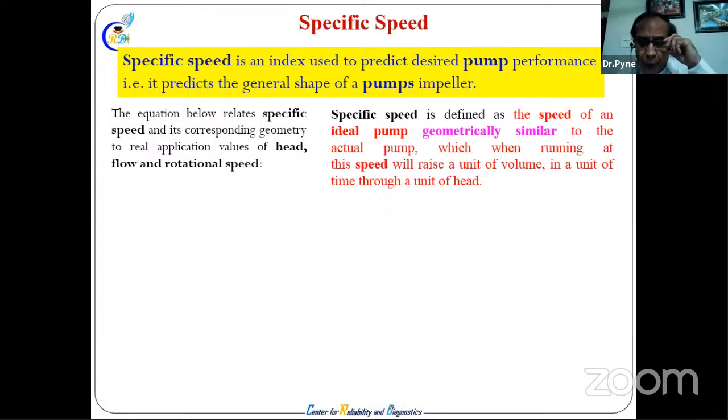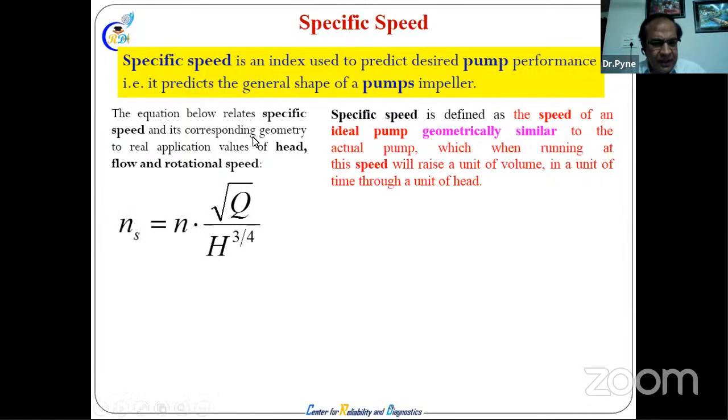Actually these are geometrically similar pumps of different sizes. If you go by the definition, unit volume, unit time, and unit head, you put one in this formula and you get the specific speed. Everything one means one. That's all. So we get specific speed like that.